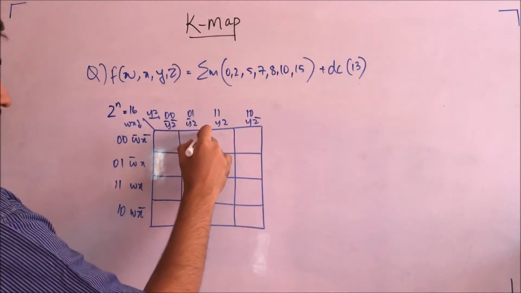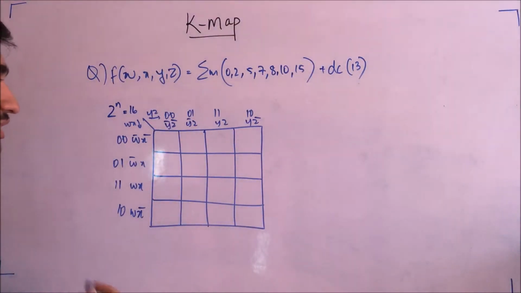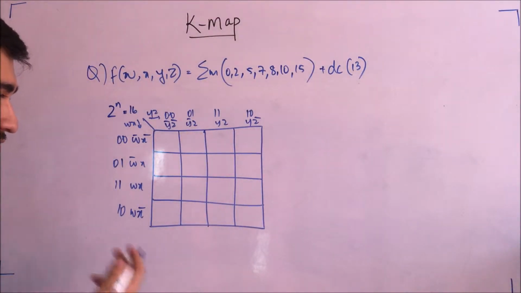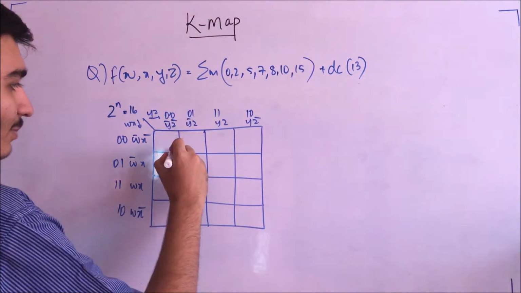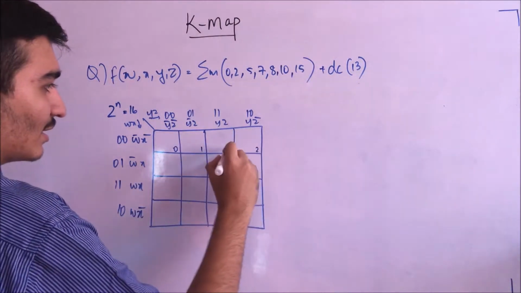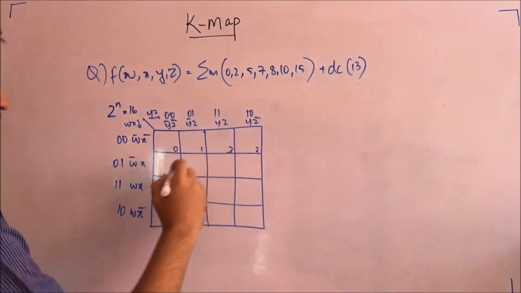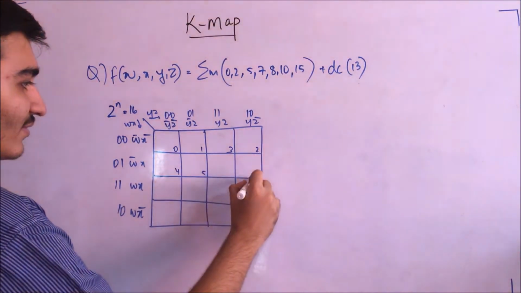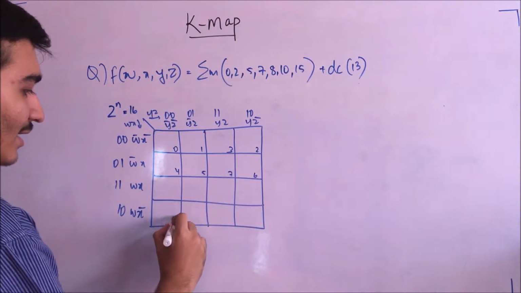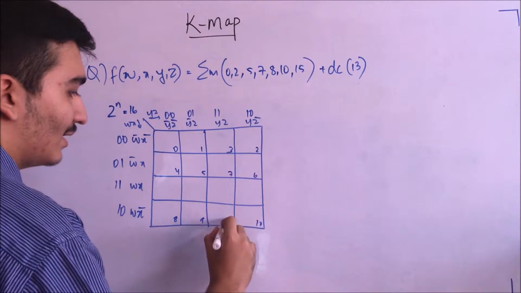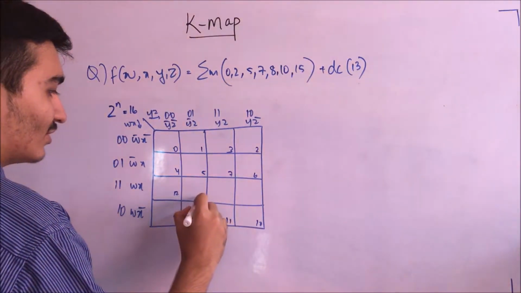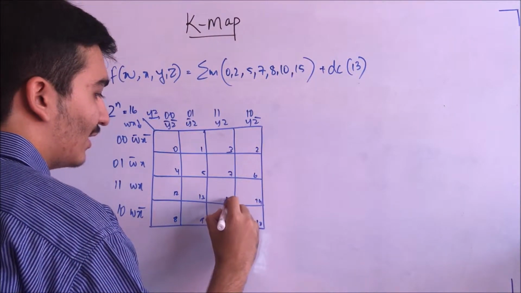So once I've done that, let me number the cells within my K-map corresponding to the minterms where they're supposed to be. So in a 4 variable K-map it's done like this: 0, 1, 2, 3, 4, 5, 6, 7, 8, 9, 10, 11, 12, 13, 14 and 15.